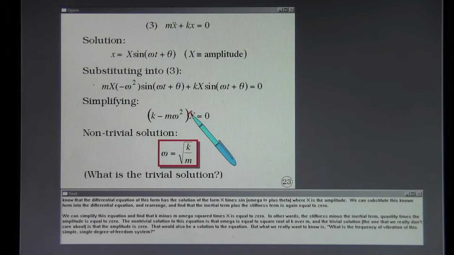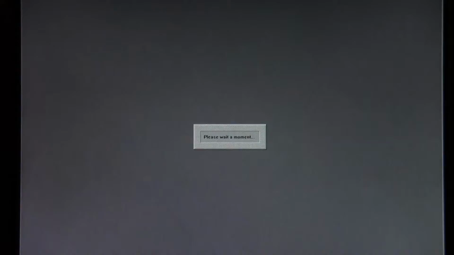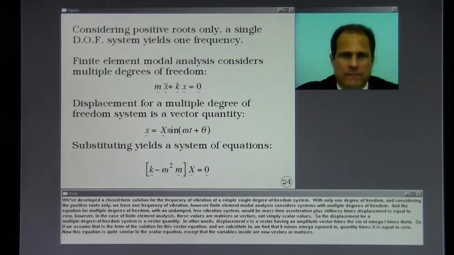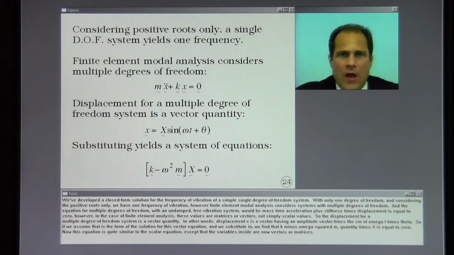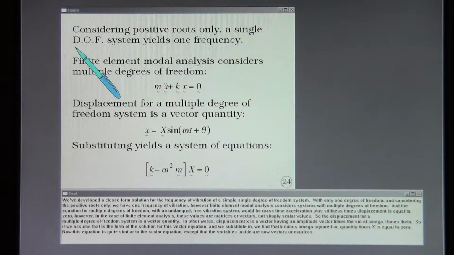But what we really want to know is what is the frequency of vibration for this simple single degree of freedom system. We developed a closed form solution for the frequency of vibration of a simple single degree of freedom system. With only 1 degree of freedom, and considering the positive roots only, we have 1 frequency of vibration.